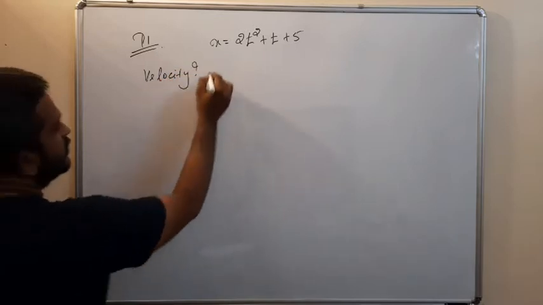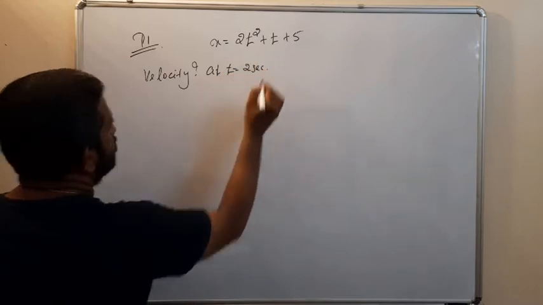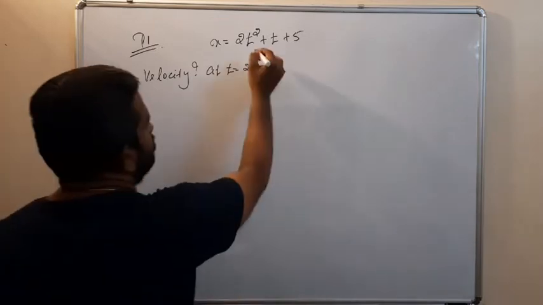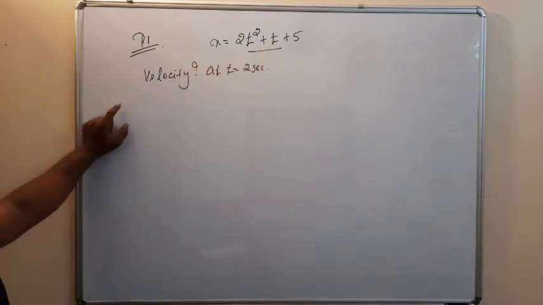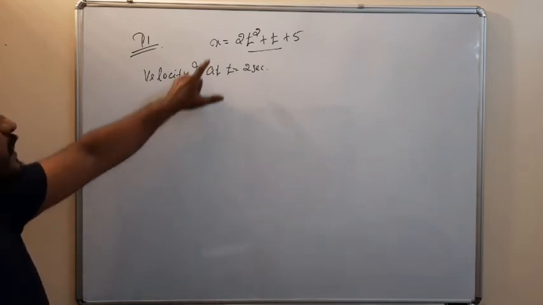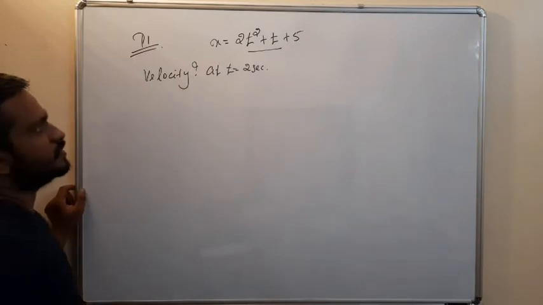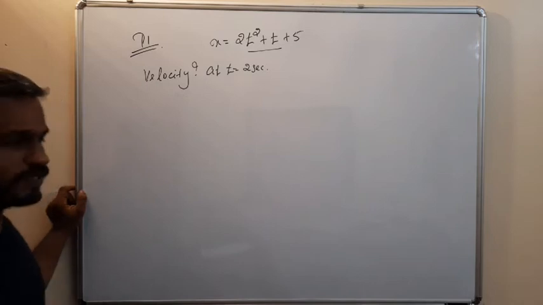What is the velocity at t is equal to 2 seconds? Here the displacement is given in terms of time, so we have to find the velocity at t is equal to 2 seconds.